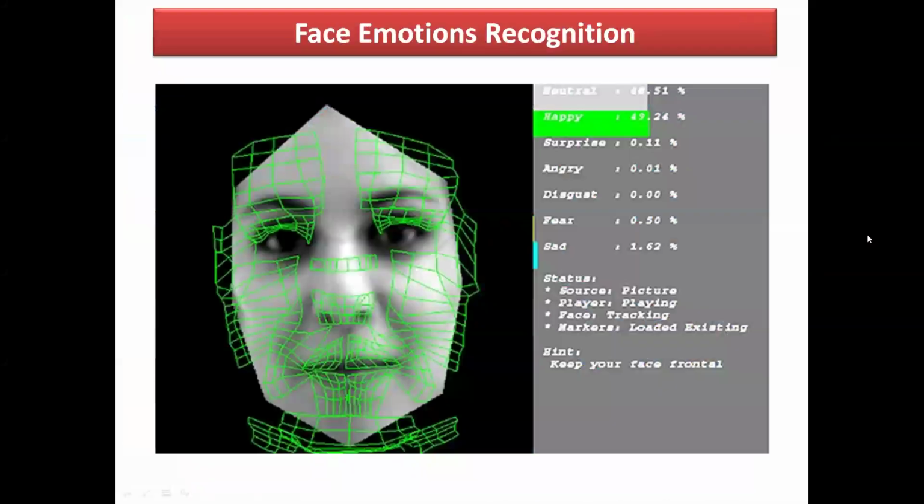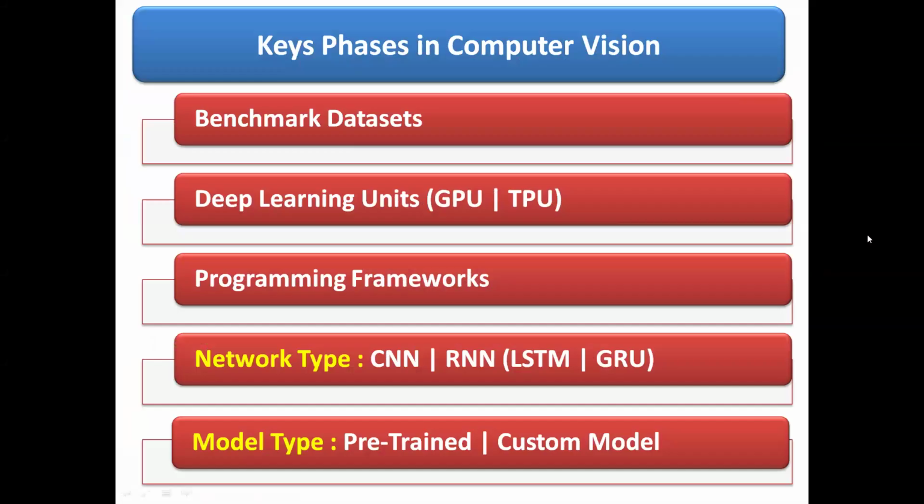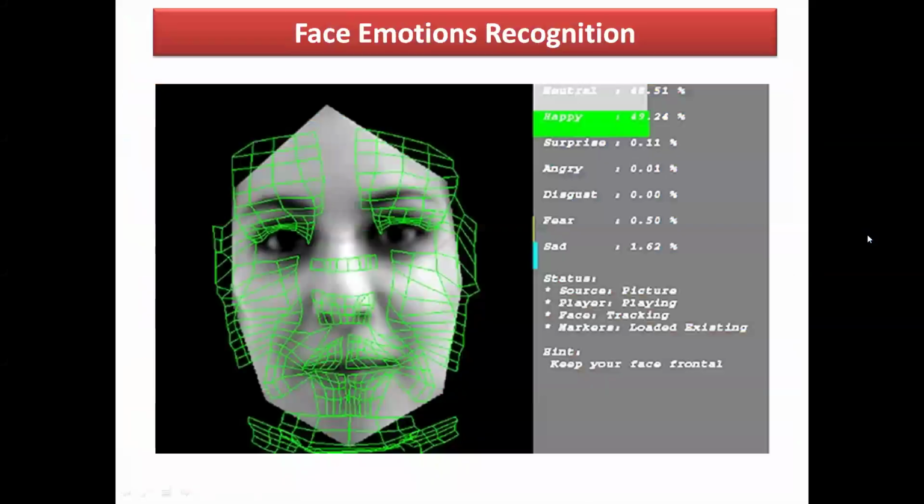Along with that, IoT, because nowadays we are in the era of multidisciplinary, interdisciplinary research. In most segments, single domain research is not going on. Almost every person is working on multidisciplinary research, and for that we have to integrate different technologies: computer vision with IoT, computer vision with blockchain, IoT with blockchain.